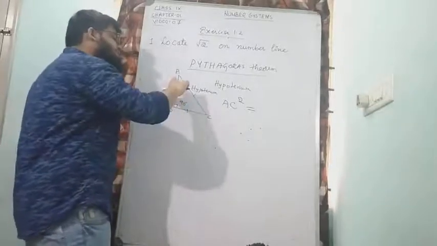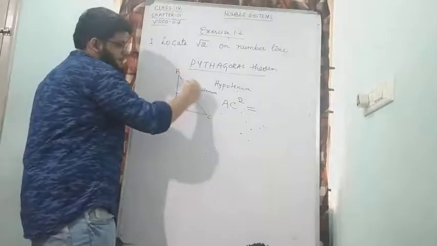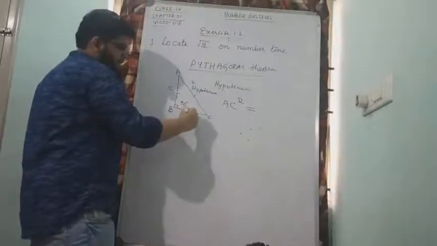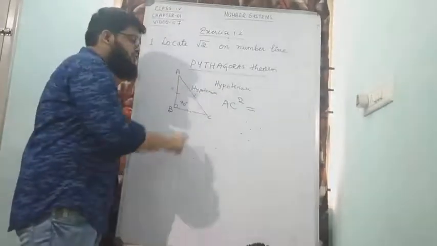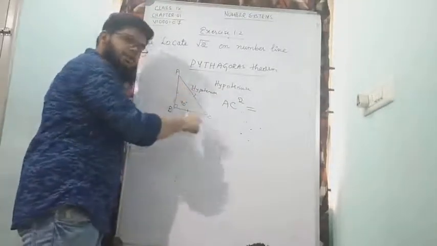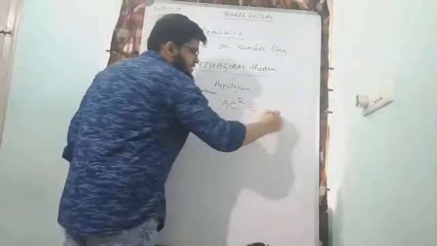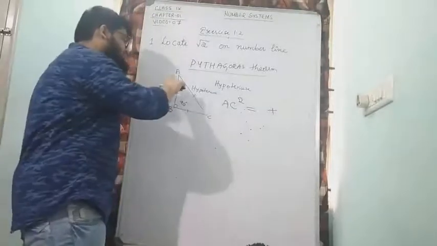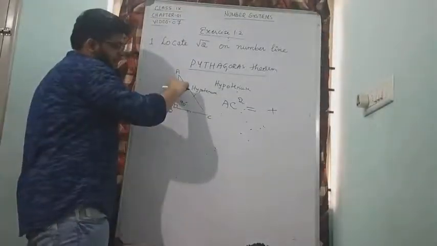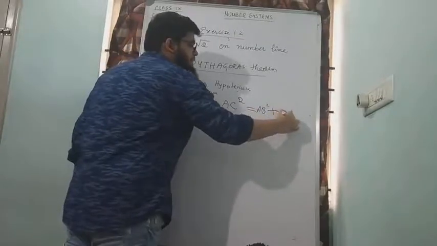That means you should take the square of all three sides: AC square, AB square, BC square. The square on the hypotenuse will be equal to the sum, and sum means addition, of the other two sides with squares. The other two sides remaining are AB and BC. So this will become AB square plus BC square.